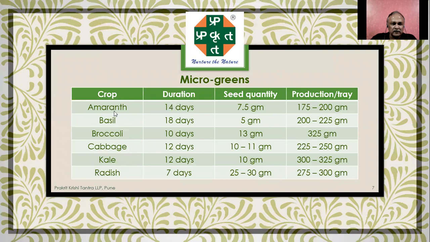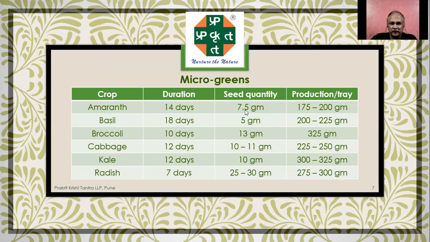You can see the duration and the quantity required as per the size of the container, as I have mentioned earlier: 3-inch depth, 10-inch wide and 20-inch long. In that kind of container, this much quantity of seed is needed for each different crop.